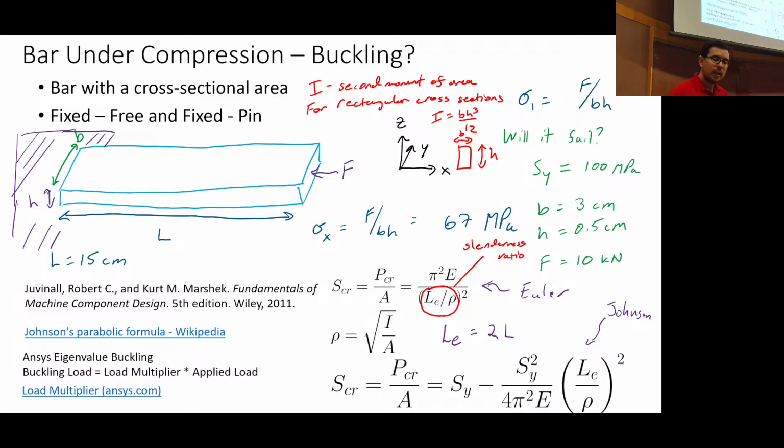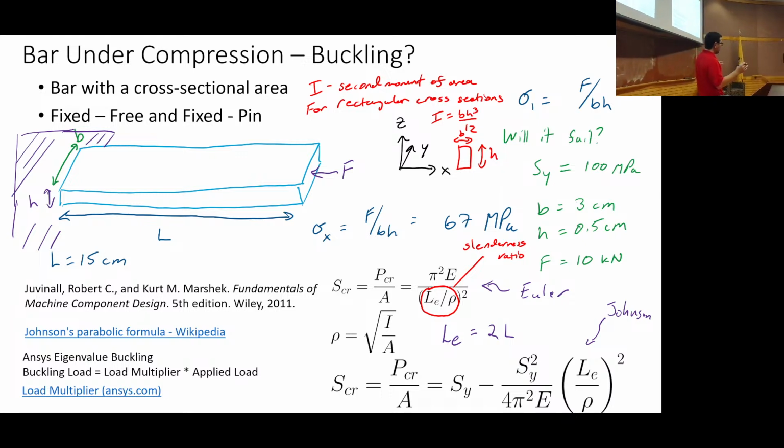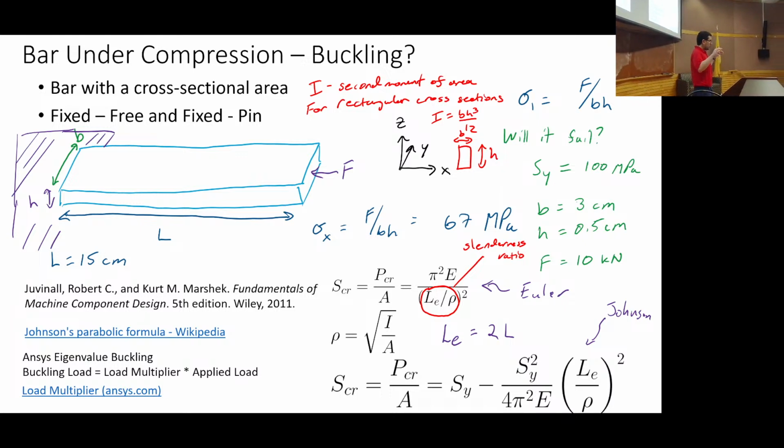So in this scenario, look at the picture. The H has a bigger effect in terms of resisting the buckling. If I have this thin sheet, it's going a lot in this direction and a little bit in this direction. You get a sense that it's going to buckle in the thickness direction.